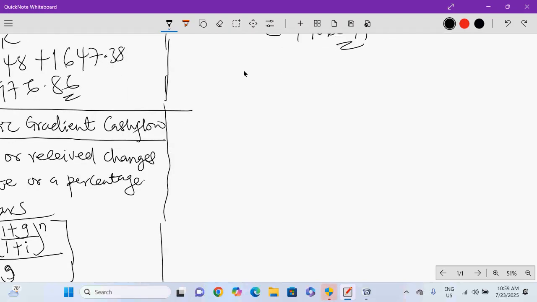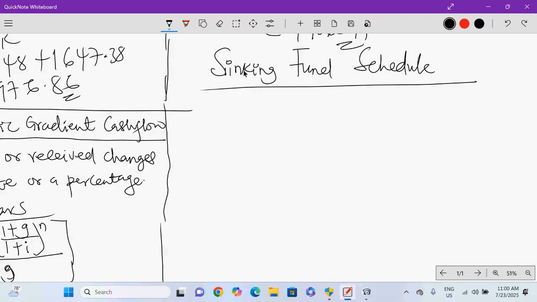On the sinking fund. How do you show this on the sinking fund? So the sinking fund schedule. For the sinking fund schedule, we have the period or the years.